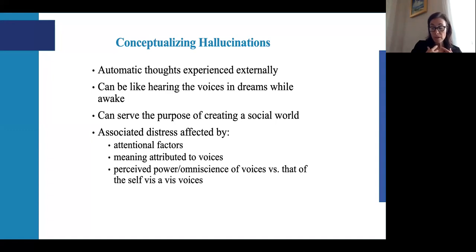So the worst possible recipe is when a person perceives themselves as pretty incapable of dealing with a threat, so I have low power and control, and they perceive the threat as very, very powerful and as having very dire potential consequences for them. So these are all cognitive aspects that you can work on with hallucinatory experiences, but before you work on them, you have to understand the framework and why we're thinking about these as places to work. Okay, next slide, please.